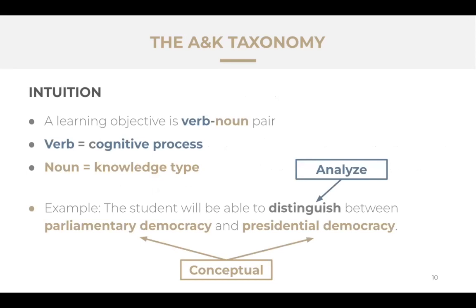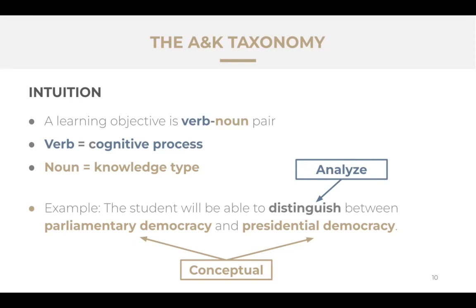The taxonomy says a learning objective is a verb-noun pair. Okay, the verb is the cognitive process of the objective, and the noun is the knowledge type. So for instance, imagine that you're a teacher and you want your students to be able to do this: the students will be able to distinguish between parliamentary democracy and presidential democracy.